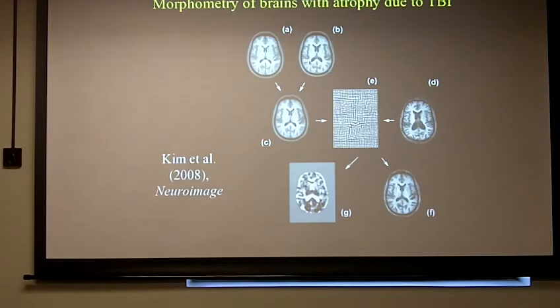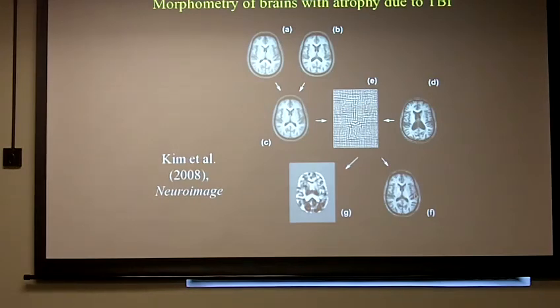This is the template based on patients, and then we average these two to get an unbiased custom template. Then we warp individual brains, which is D, to this custom template C, and we get this deformation field E. As a result we get the Jacobian map G, and the result of applying that deformation field E is the normalized brain F.